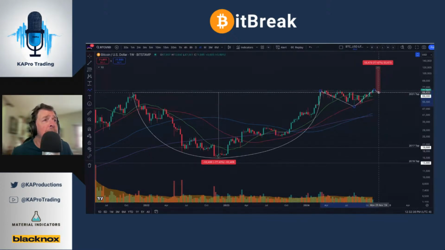Maybe we come down and retest this, which is what I'm hoping for, and potentially even come down and test that 21-week moving average if this RS flip doesn't hold, and then work our way out to a new all-time high. All right, that's what I'm thinking. And in terms of time frame, I think this happens somewhere in mid 2025.